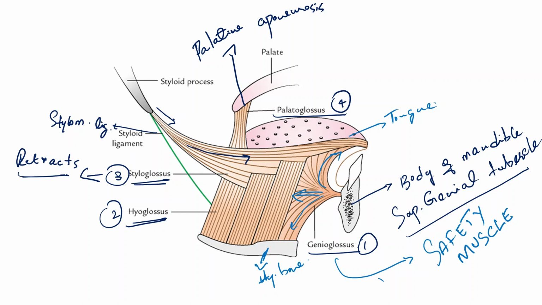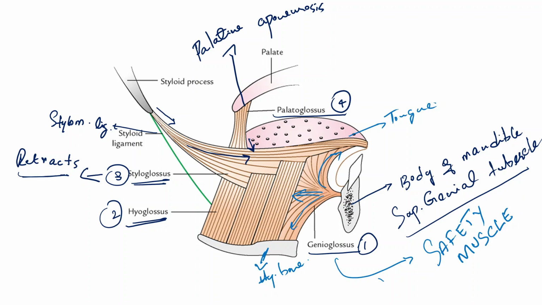The fibers are directed downwards to reach the side of the tongue in front of the sulcus terminalis. So the insertion of this muscle is in front of the sulcus terminalis of the tongue.